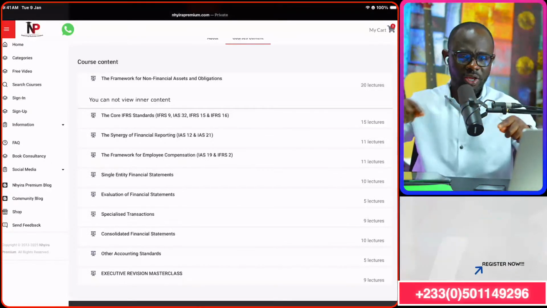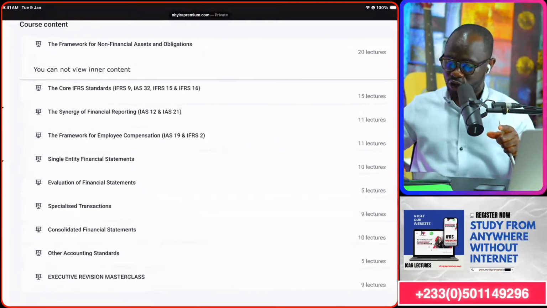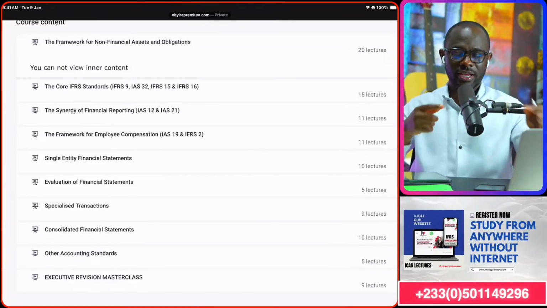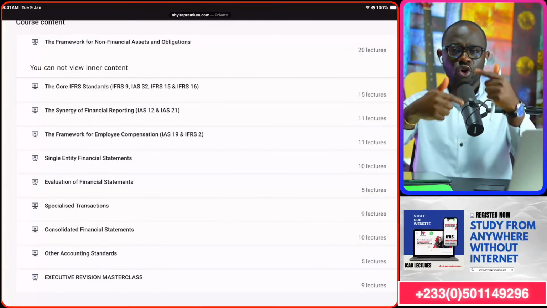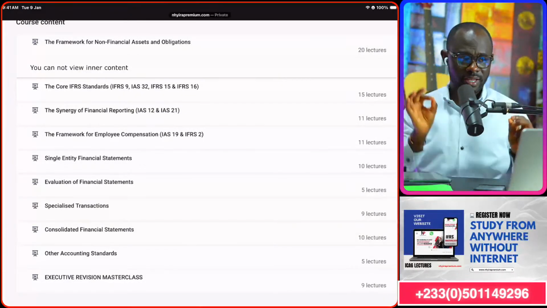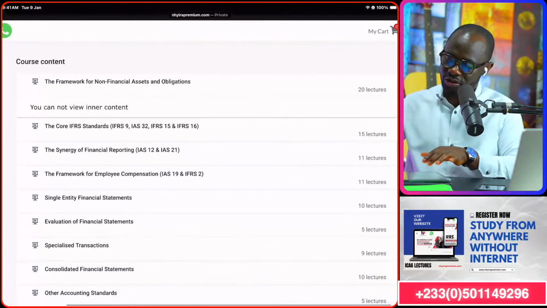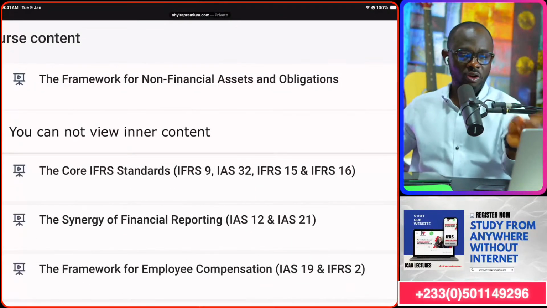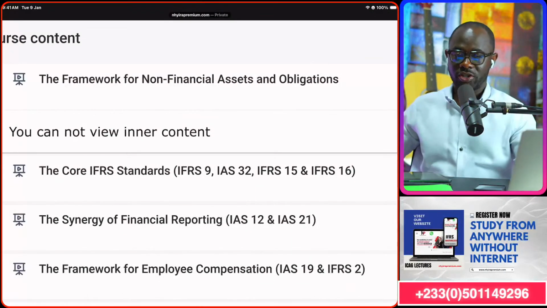Now, the reason I'm bringing you to this is because I want to show you the way we categorize the accounting standards. And that's the same way you want to also learn the accounting standards to optimize your chances of passing the examination. So, for instance, we have the first categorization called the framework for non-financial assets and obligation.